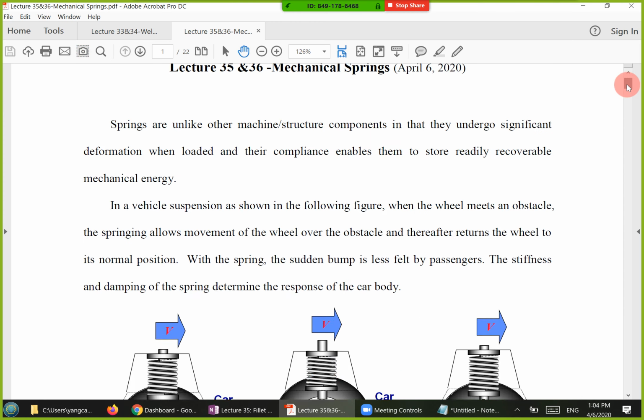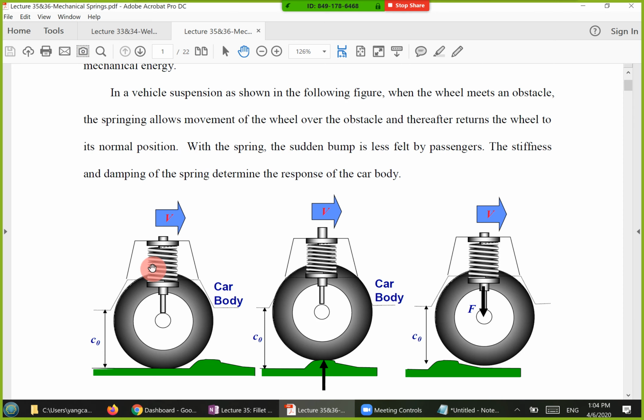One of the common places you see a spring is in the car suspension system. The importance of that is when the car tire goes through a bump, the spring will absorb this shock, and it will release the shock once it passes the bump.